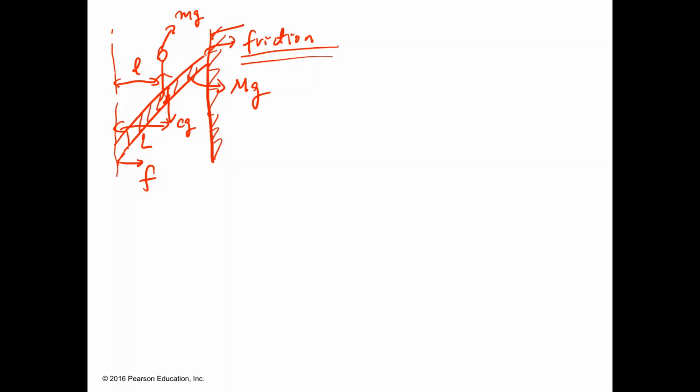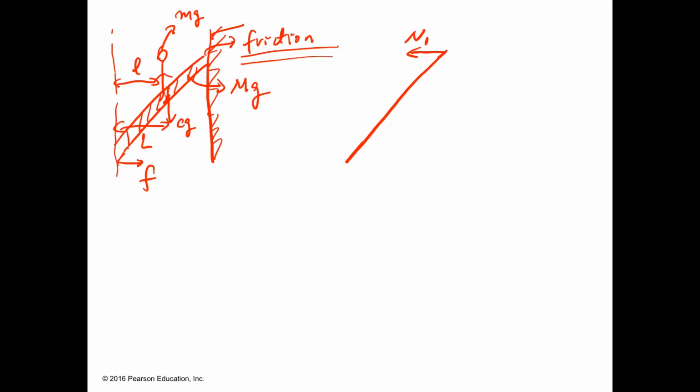Right, so let's first conceptualize the whole thing, basically draw the free body diagram for this ladder, right? Because the surface of the wall is frictionless, you only have a normal force, and we call it N1.